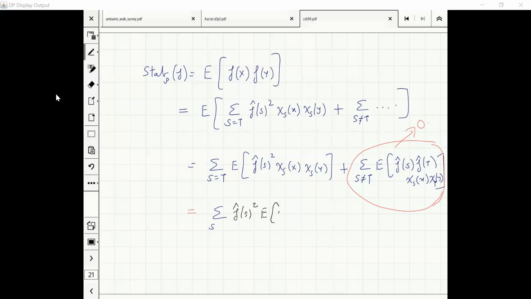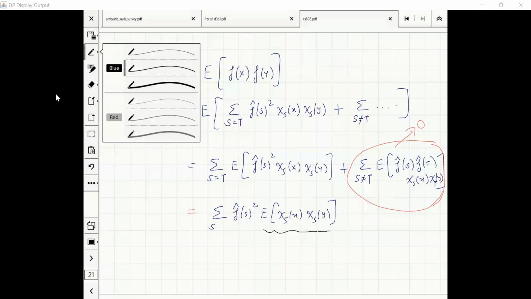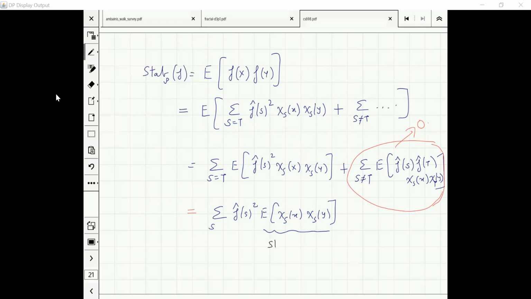And now what is this quantity? Chi_S(x) chi_S(y), chi_S of xy. Will that help? Rho to the mod S. Why is it rho to the mod S? Because this is the stability of chi_S. Correct.